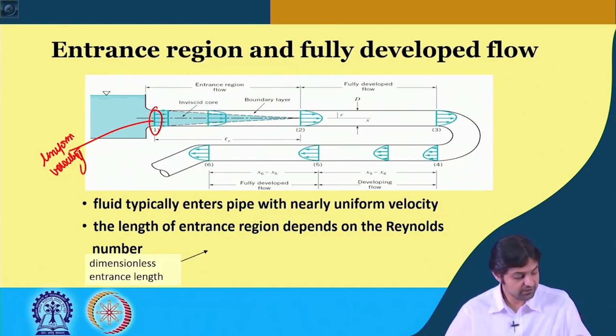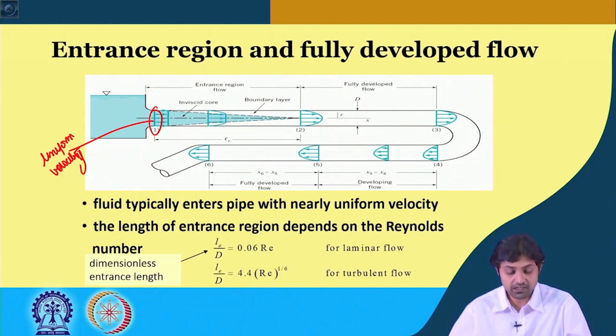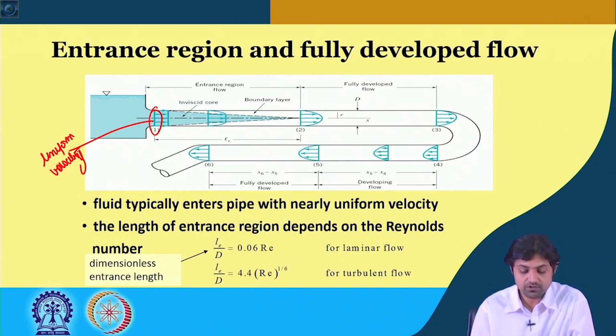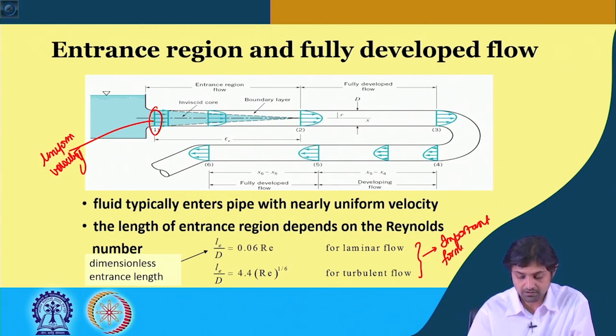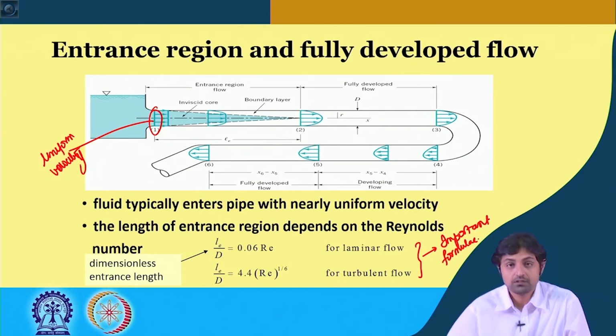The dimensionless entrance length is given by LE by D equal to 0.06 Re for laminar flow, whereas for turbulent flow it is given as LE by D equal to 4.4 times Reynolds number to the power 1 by 6. These are the important formulas, so you should remember them.